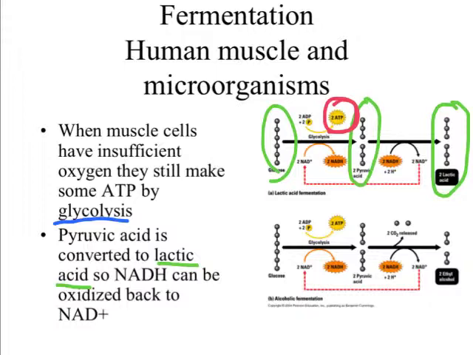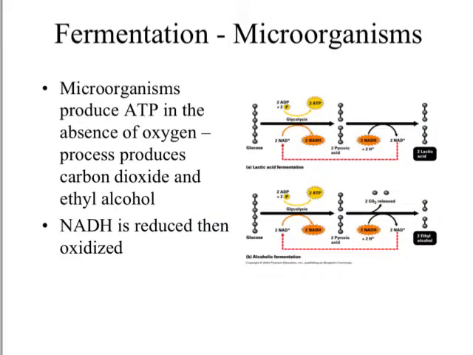Now other microorganisms can also do what's called anaerobic respiration. So let's take a look at them. Small microorganisms like yeast are able to produce ATP in the absence of oxygen as well.